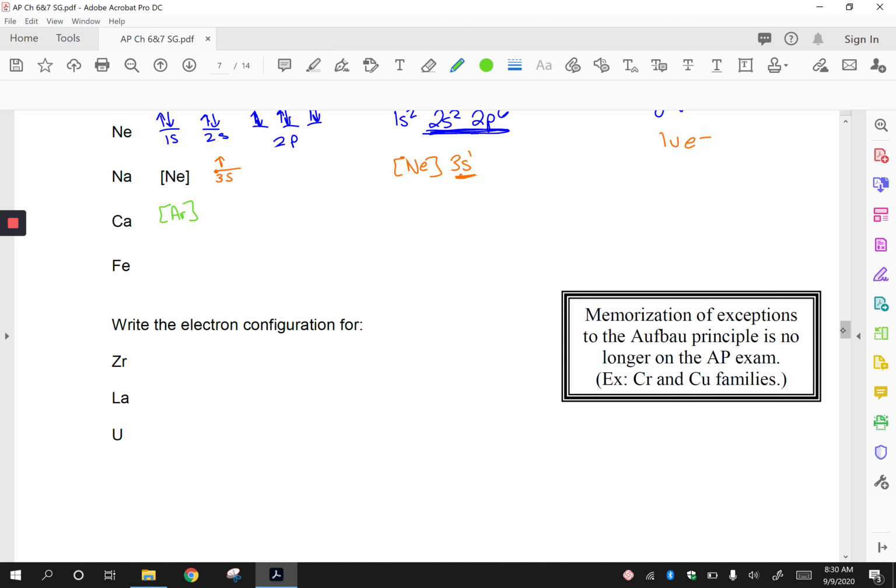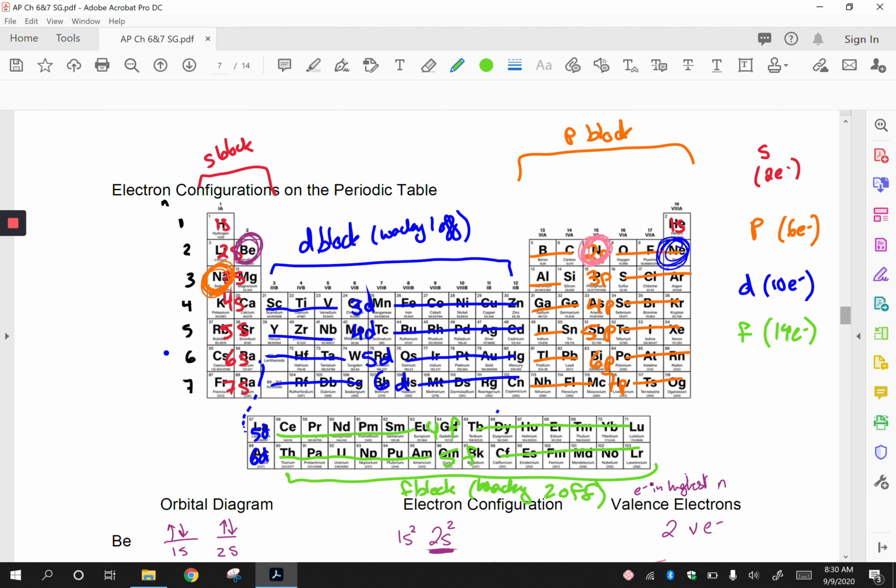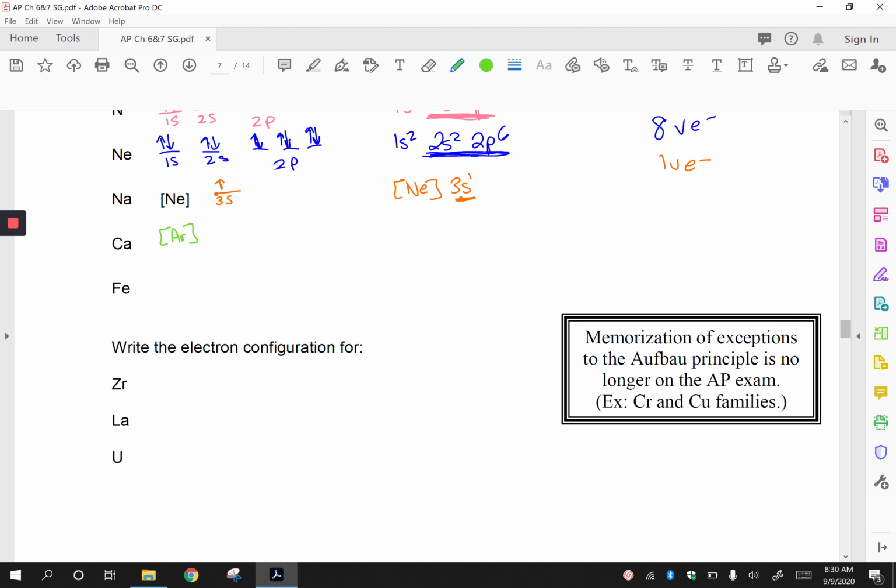Calcium is right here. So argon comes before it, and then all I have is 4s, and there are 2 boxes there, so 2 electrons. Argon, 4s2. My highest energy level is the 4th energy level, so I have 2 electrons in that 4th energy level, so 2 valence electrons.